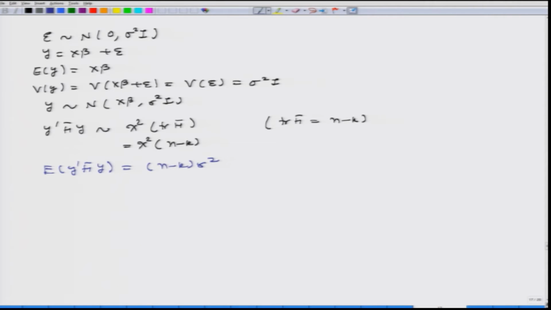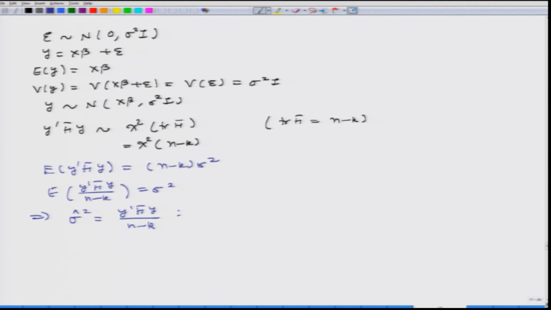and hence y transpose h bar y over n minus k is equal to sigma square, and this implies that sigma square hat is equal to y transpose h bar y over n minus k.